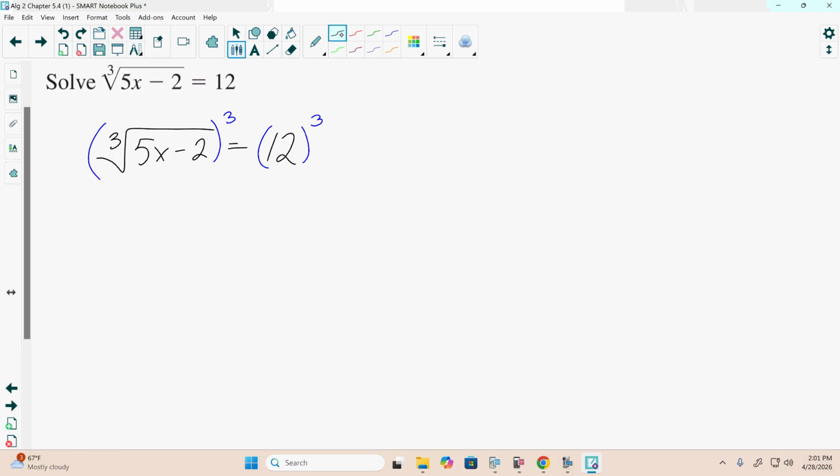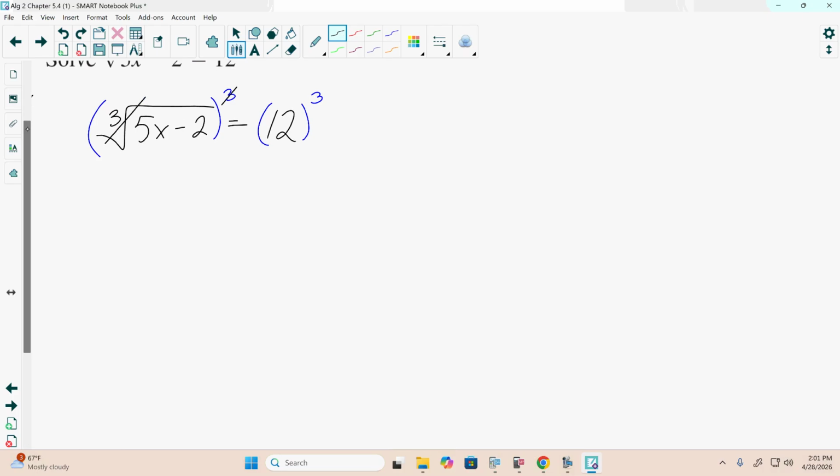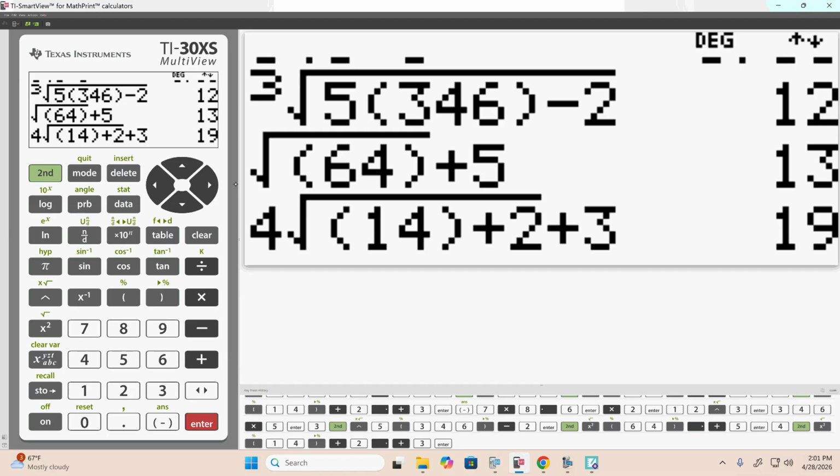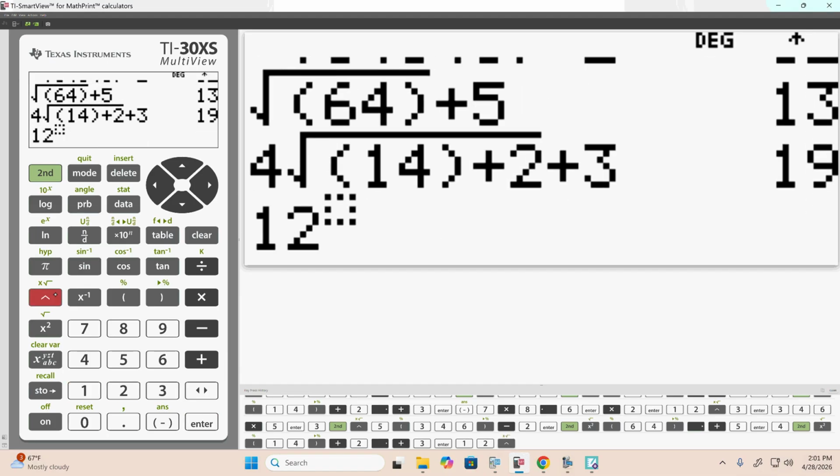If we put it to a power that matches that root, that cubed root and third power, since it's by itself, will simplify out, telling us that 5x minus 2 is equal to, well, 12 squared is 144. 12 cubed is 1,728.